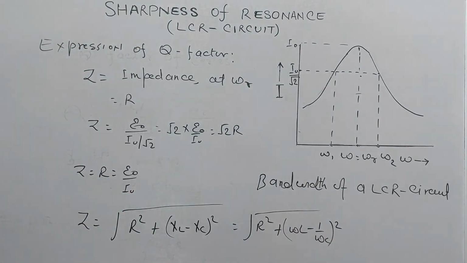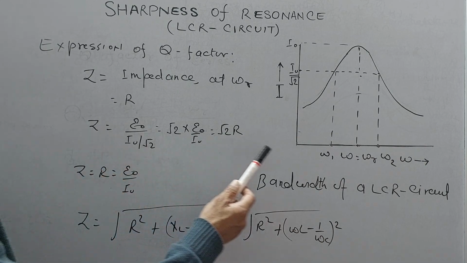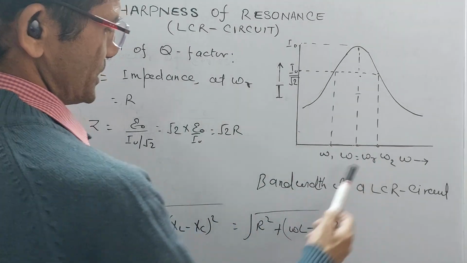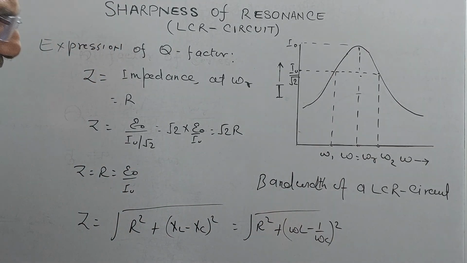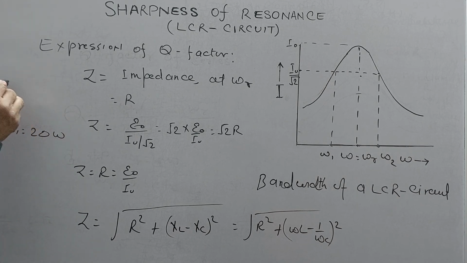So we have to put the value of impedance at the corresponding omega 1 and omega 2. We are to find the value of omega 2 minus omega 1, which is 2 times the bandwidth, because our aim is to find the quality factor. The quality factor is the ratio of the resonant frequency divided by omega 2 minus omega 1.